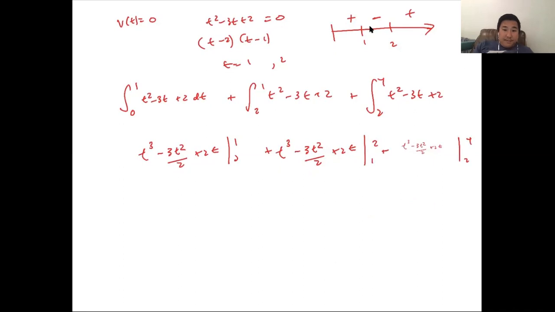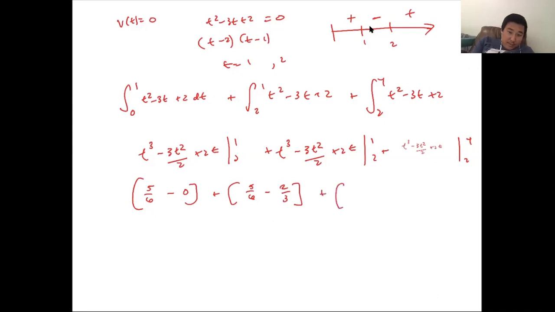So plug in 1, I think you get 5 over 6 minus 0, plus plug in, this is from 1 to 2, and this is 5 over 6 minus 2/3, plus 16 over 3 minus 2/3.